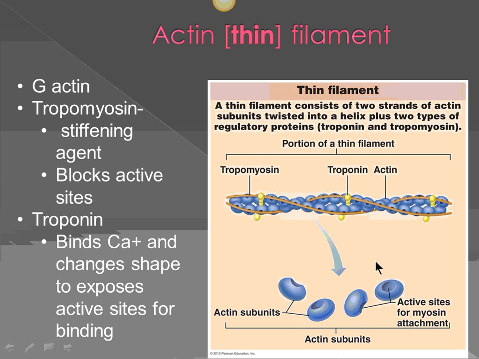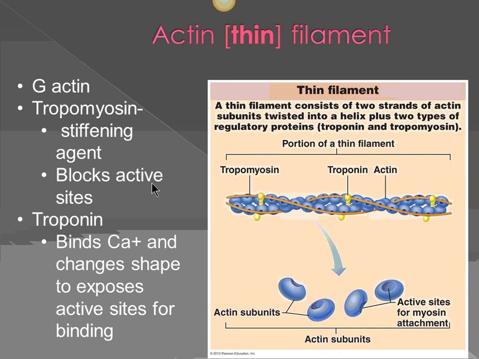So these are the active sites for myosin. If you notice, what is tropomyosin doing? It's lying slap bang right across these active sites, okay? So in a relaxed state, it actually blocks these active sites. That's one function. And the second is it also acts as a stiffening agent. It keeps these myofilaments stiff. So this is the function of tropomyosin.